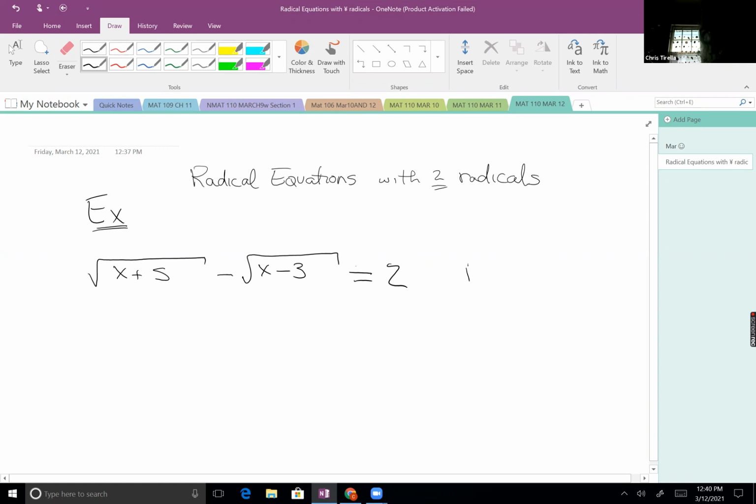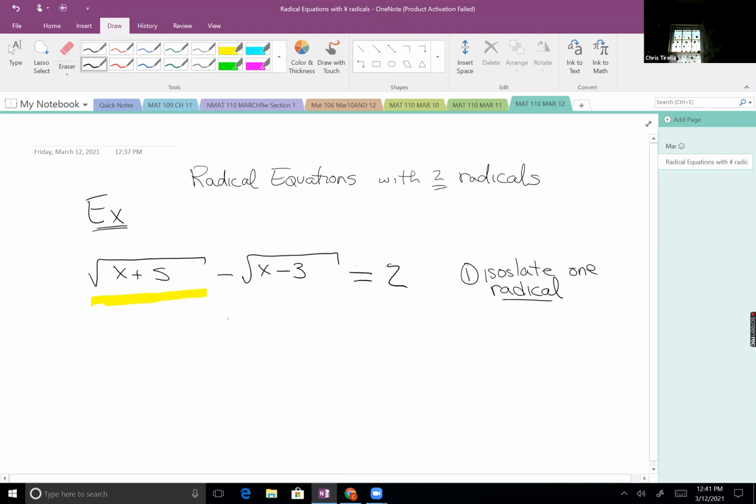So what we want to do first is isolate one of the radicals. We want to get one of those square roots alone. I don't know about you guys, I think most people like positive quantities better than negative quantities. So I'm going to start by getting this first radical alone.